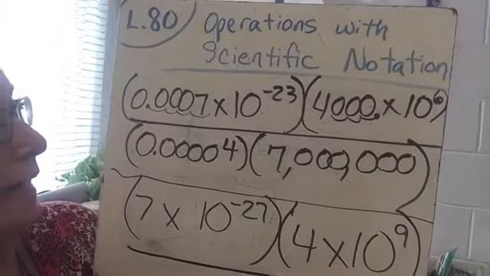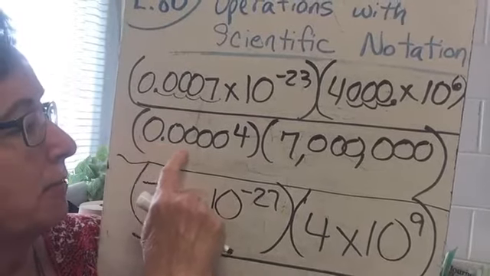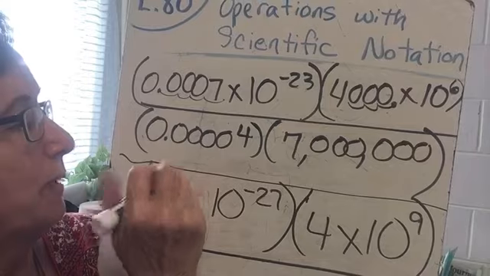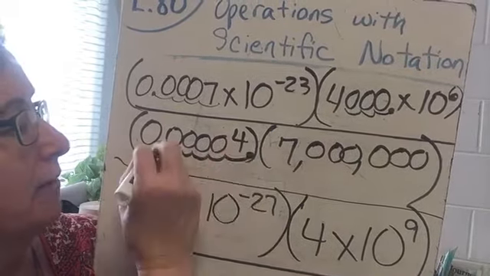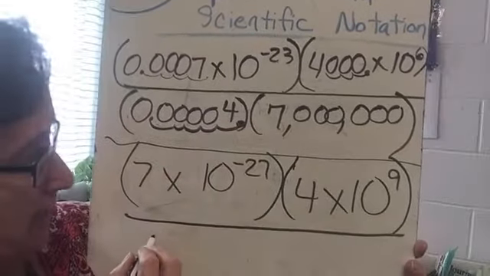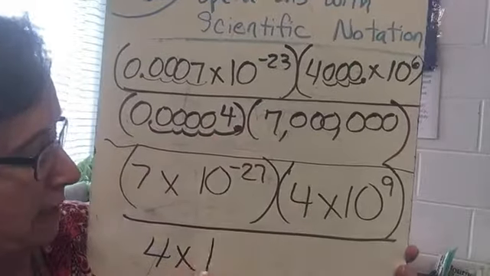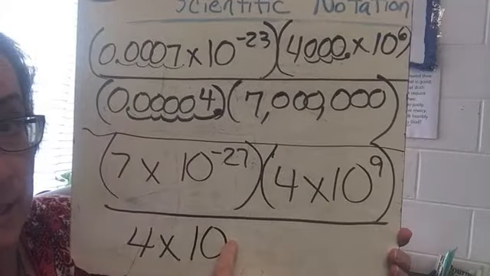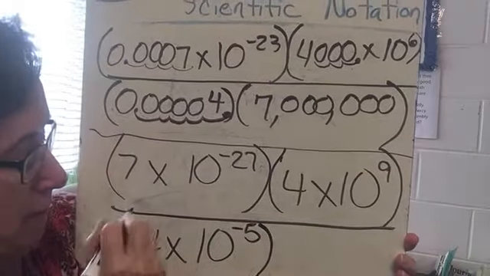And then we're dividing by this one, which has 0.00004. We need it to be 1, 2, 3, 4, 5. We need 5 steps to the right to get it to where it's 4 times. If we moved it 5 steps to the right, then our exponent on our 10 must move it 5 steps to the left.